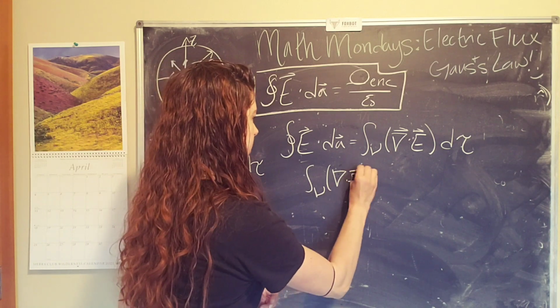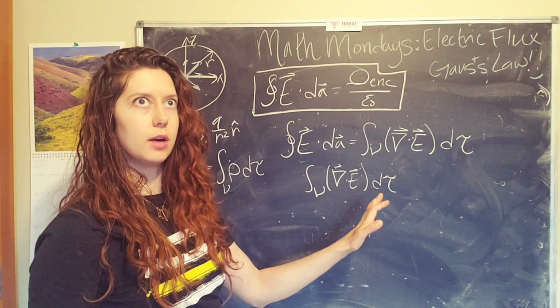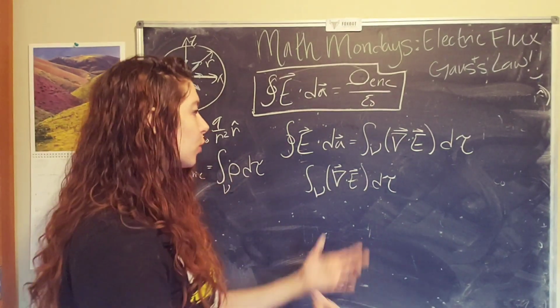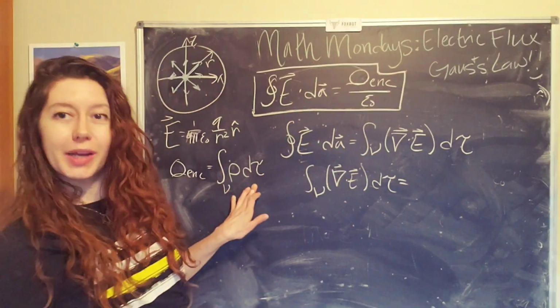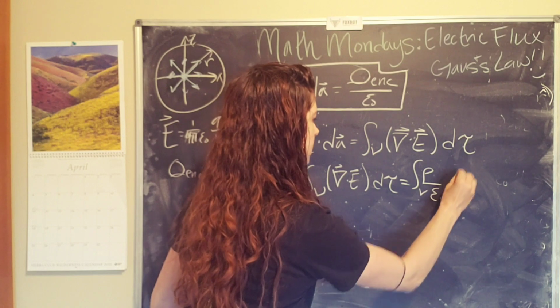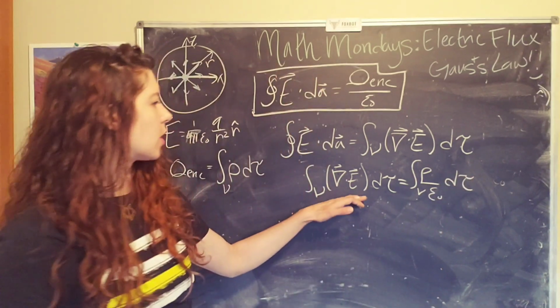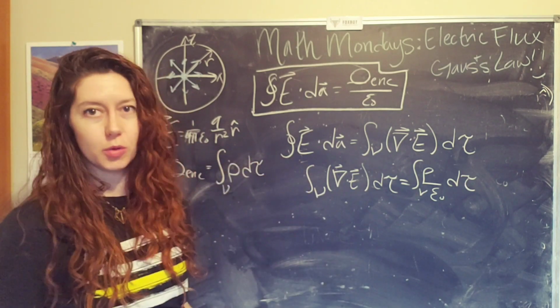So the divergence of E summed over the total volume equals Q enclosed, which we can write like this, rho over epsilon naught d tau. And so this must be true for any volume.